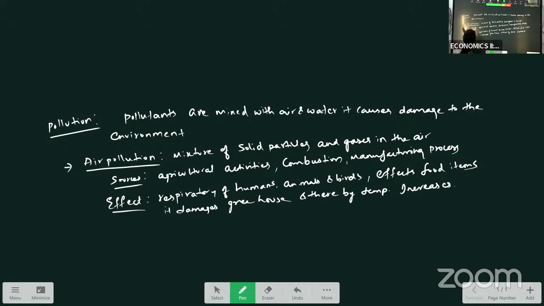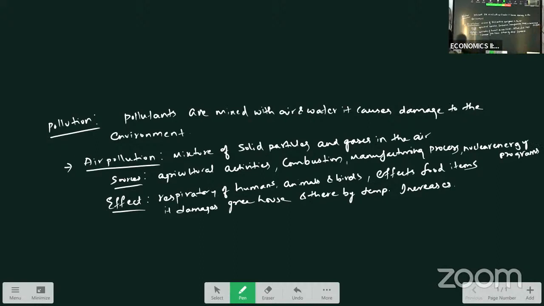Okay, so here you see, air pollution means what? It is a mixture of solid particles and gases in the air. The sources of air pollution are agricultural activity, combustion, manufacturing process, also nuclear energy programs, and all.